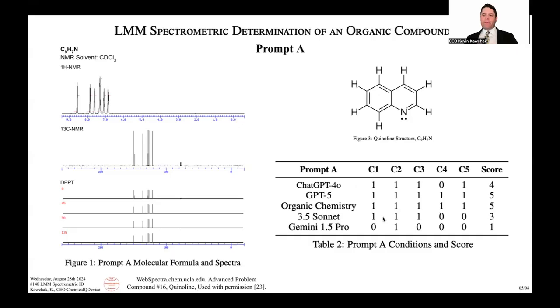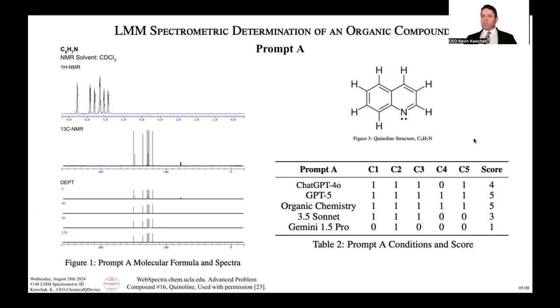Now, with Gemini 1.5 Pro, I didn't get the sense that it was understanding the context too well. And again, the only thing it pretty much did was just do things in order. So if it said, proton NMR, these are my findings. C13 NMR, these are my findings. DEPT, these are my findings. It did that well. But I didn't really get the sense that it understood, and especially it didn't get the right structure.